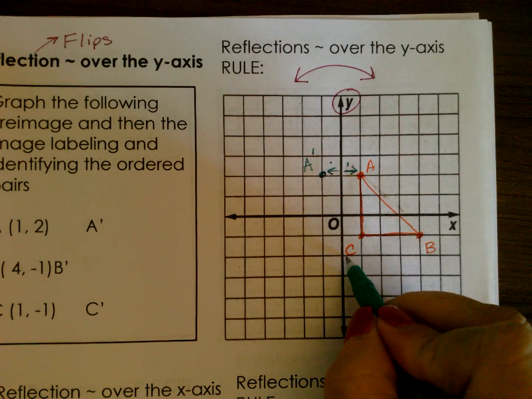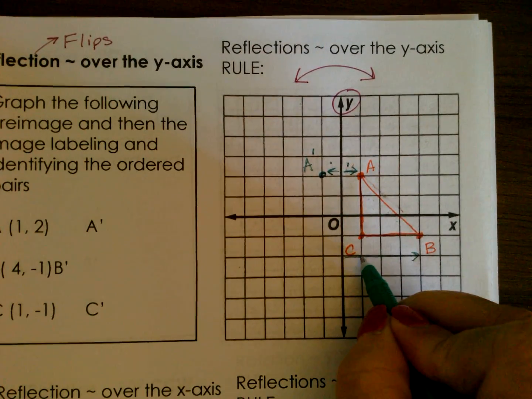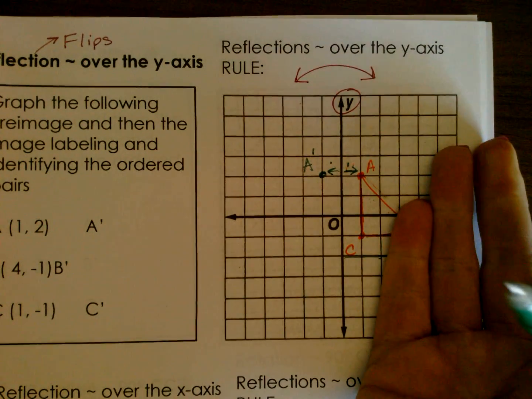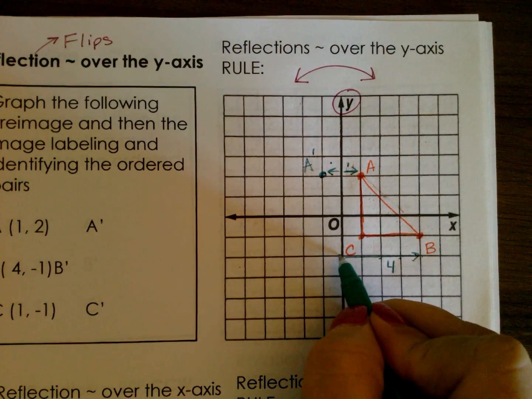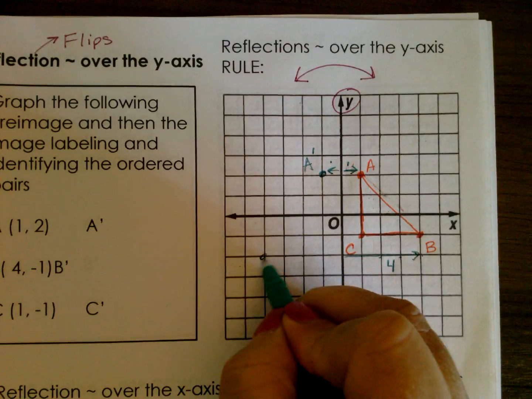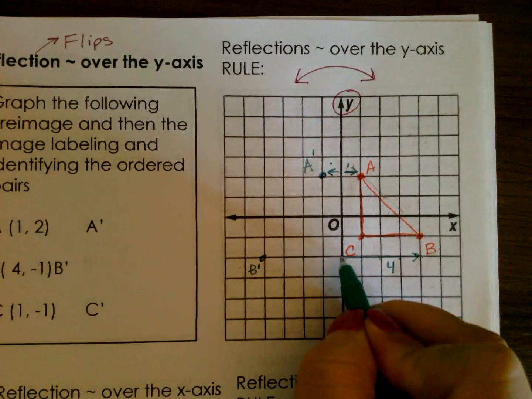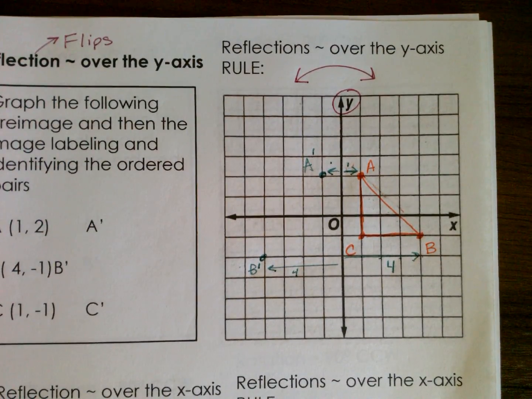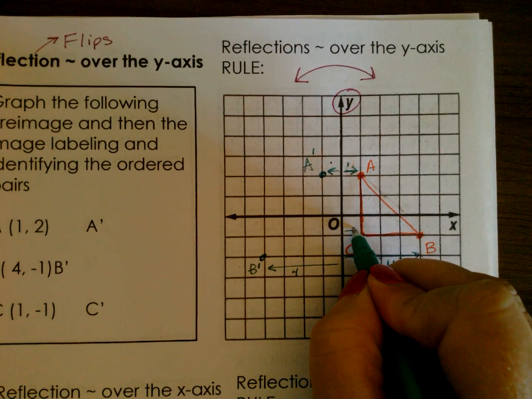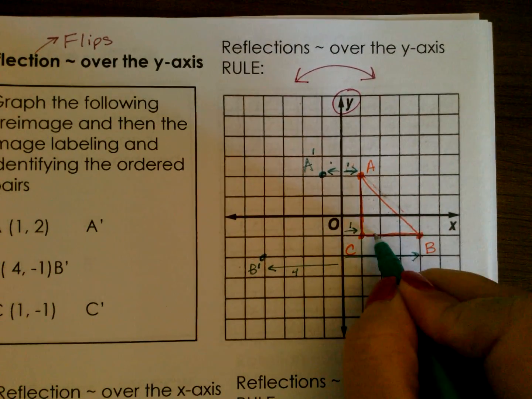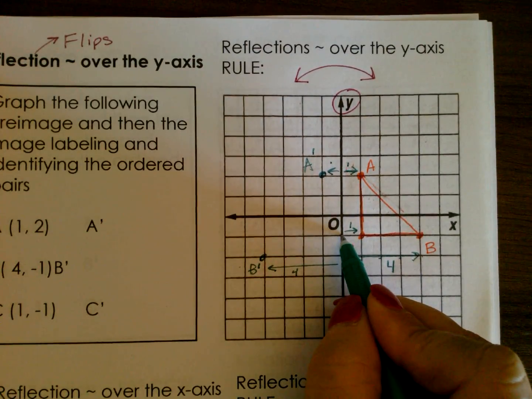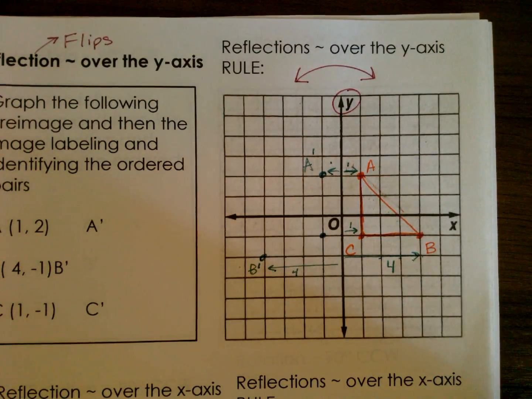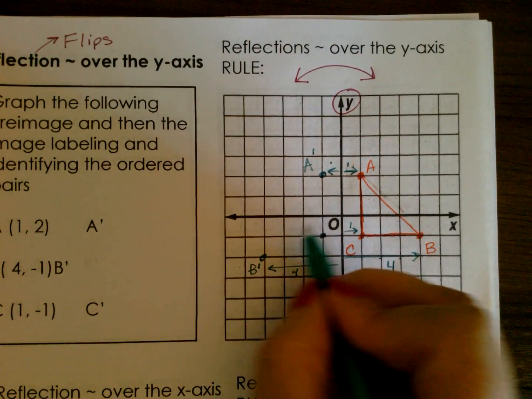B is 1, 2, 3, 4 units to the right. So to flip it, I need to go 1, 2, 3, 4 units to the left. C is 1 unit to the right. So starting in the same spot, I go 1 unit to the left.